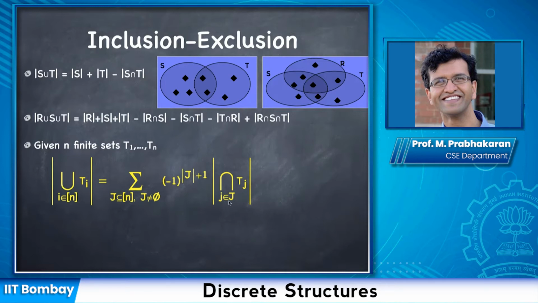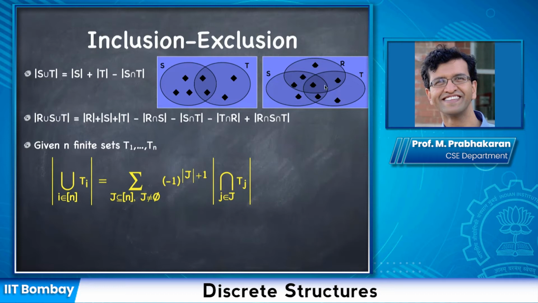J here, capital J, stands for some subset of 1 to n. Okay, so you choose some set of sets, a collection of sets, and you take their intersection. So for instance, you could take S and R, you get an intersection here, or you could take S, R and T, you get their intersection there.